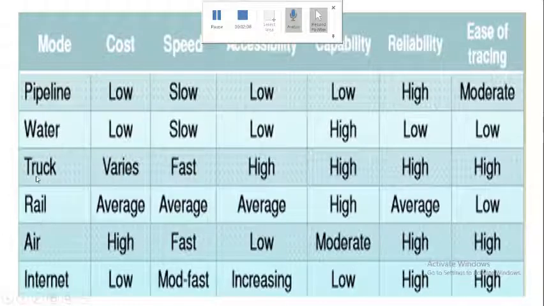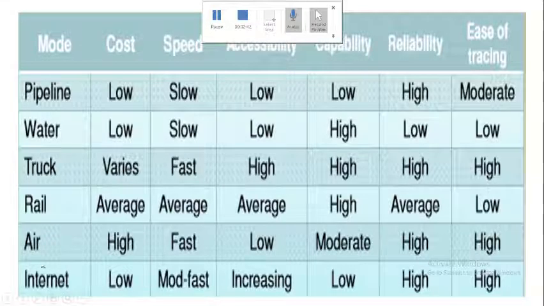And then the rail: the cost is average, the speed is average, the accessibility is average, the capability is high, the reliability is average, and the ease of tracking is low. And then by air or plane, the cost of plane is high, the speed is fast, the accessibility is low, the capability is moderate, reliability is high, and the ease of tracking is high.